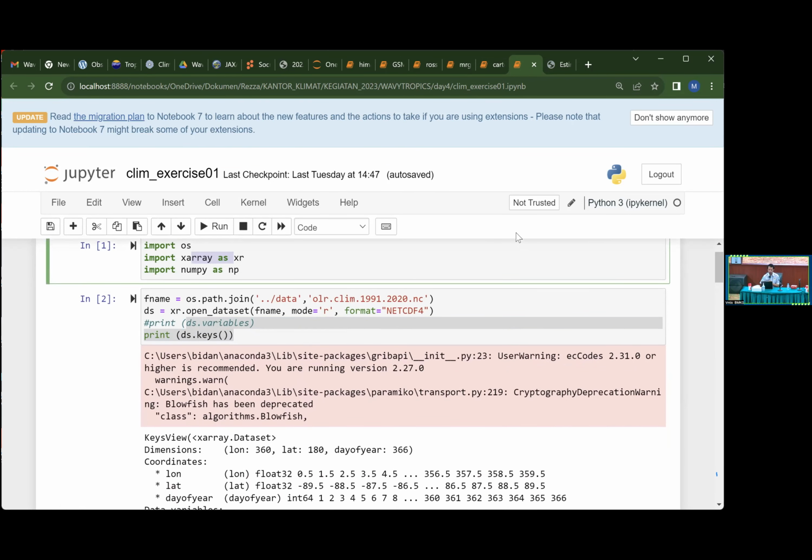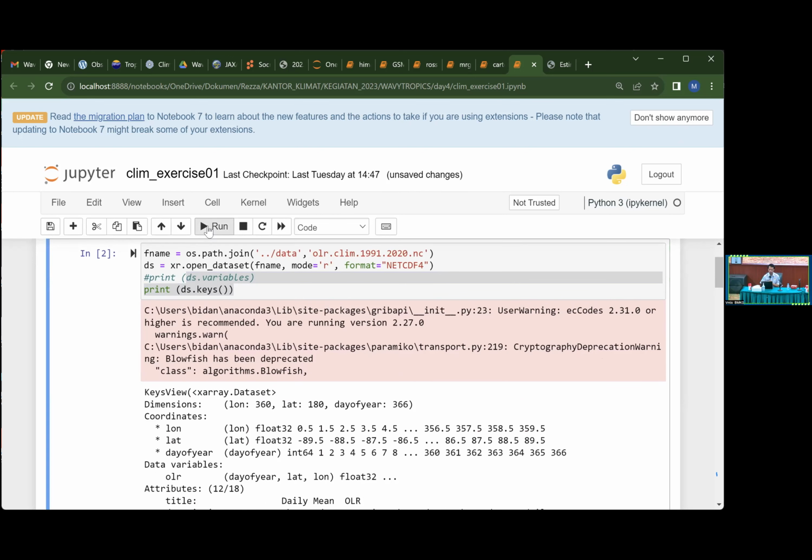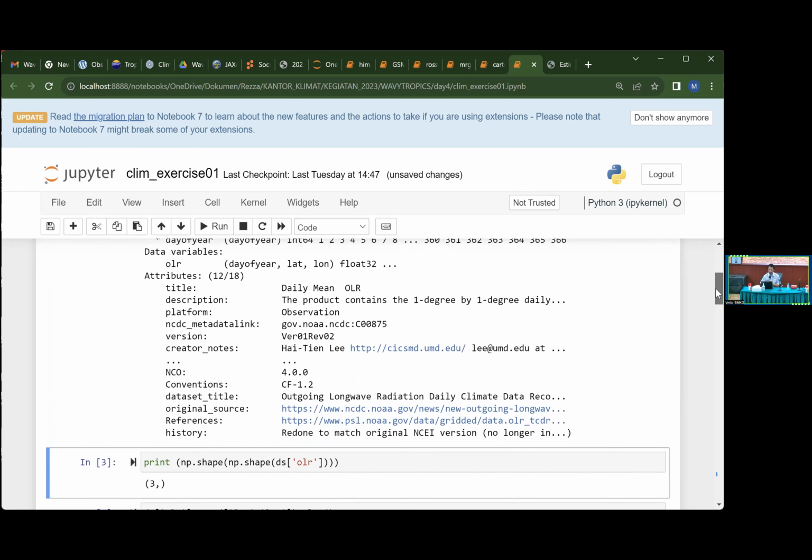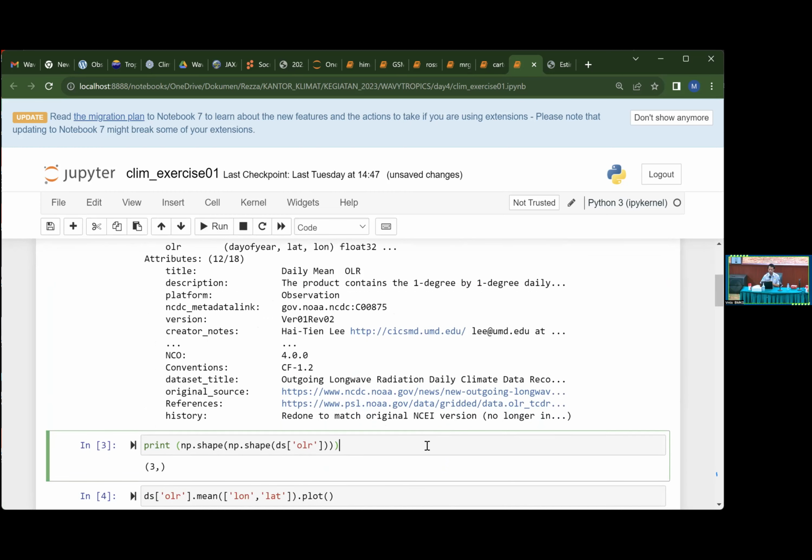We just run this and open the data. Because this is climatology data, we want to see the shape of the OLR itself.